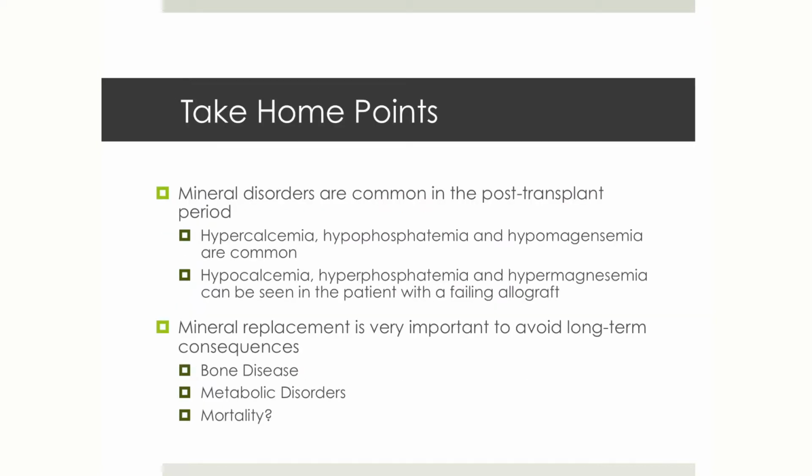So what are the take-home points here? Obviously, mineral disorders are common: hypercalcemia, hypophosphatemia, and hypomagnesemia, and in the failing allograft, hypocalcemia, hyperphosphatemia, and hypermagnesemia. Mineral replacement, I think, is very important to avoid long-term consequences, including bone disease, metabolic disorders, and possibly even mortality.